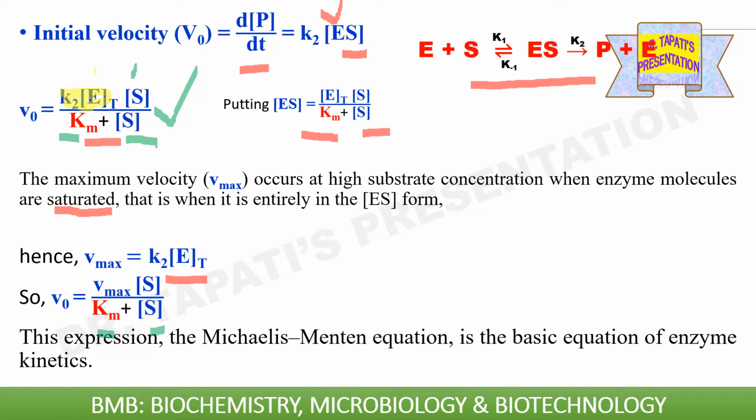So you have to remember this: V0 equal to Vmax into concentration of substrate divided by Km plus concentration of substrate. It is the Michaelis-Menten equation, very important.